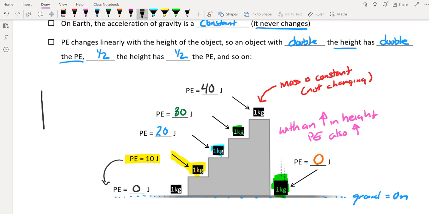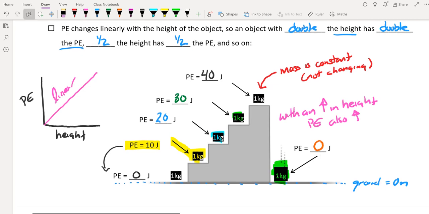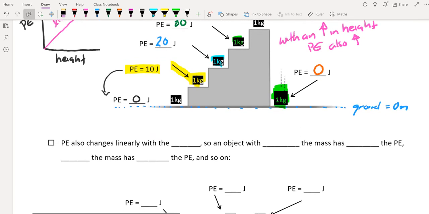So if you were to draw a graph with potential energy here and height here, it would look something like this. There'll be no curve, it will be a linear relationship. This is linear, meaning straight line. Okay, so let's have a look at what effect mass has.